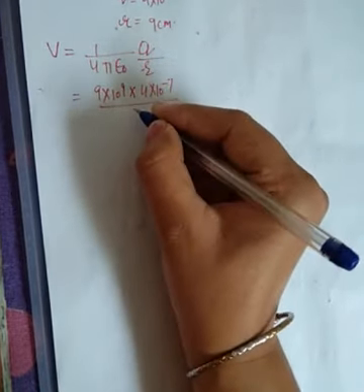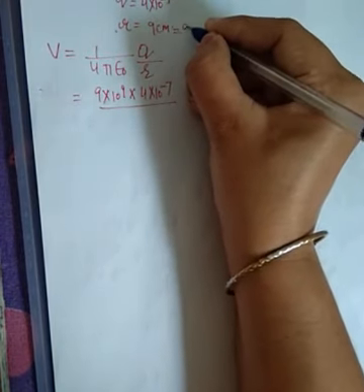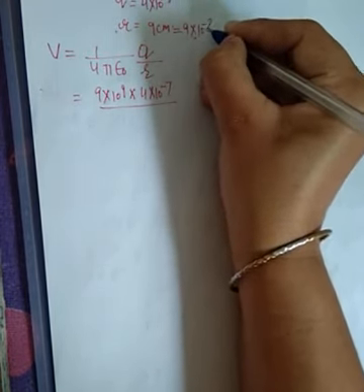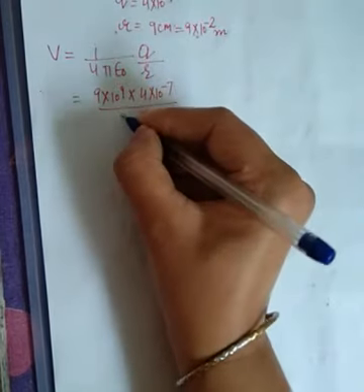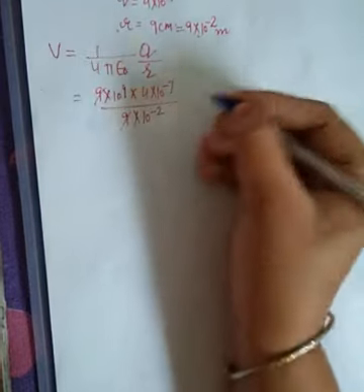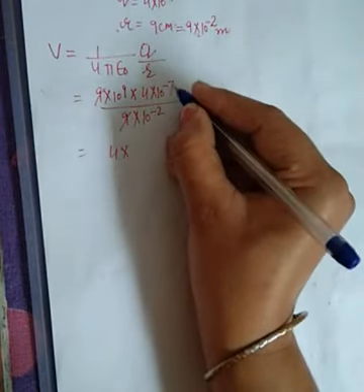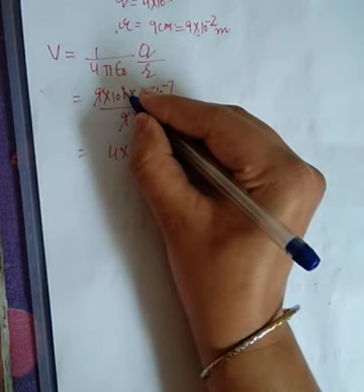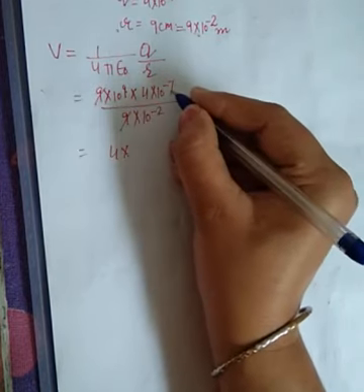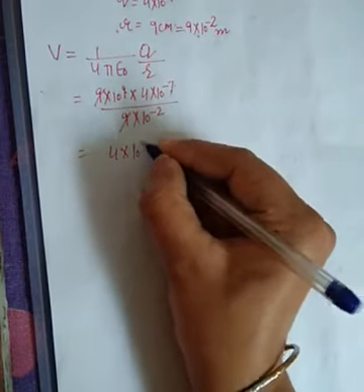What about R? R is 9 centimeter. So as to substitute, it must be in SI, so 9 into 10 raised to power minus 2 meter. 9 cancels with 9. Overall 4 into 10 raised to minus 2, adding this plus 2, 9 plus 2 is 11. 11 minus 7, it will be 10 raised to the power 4.